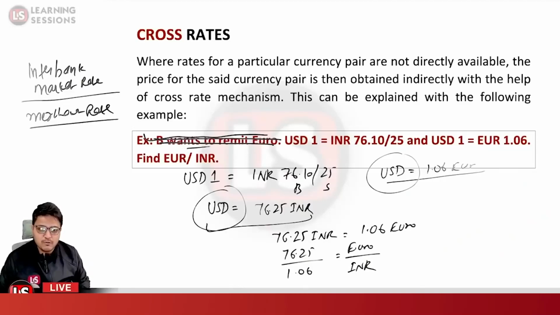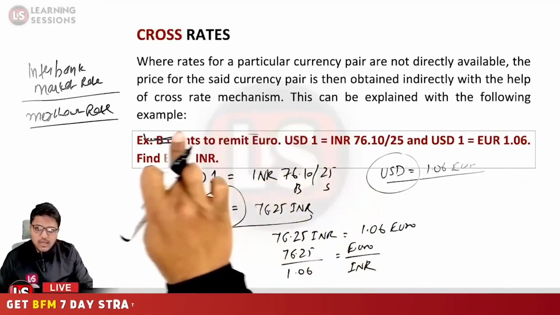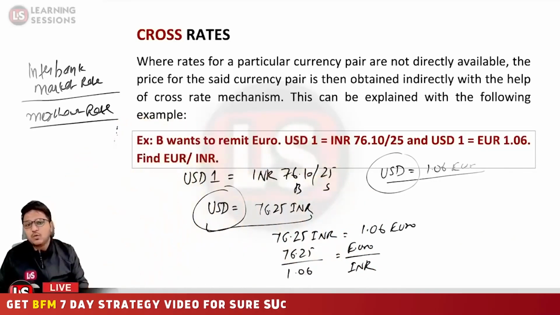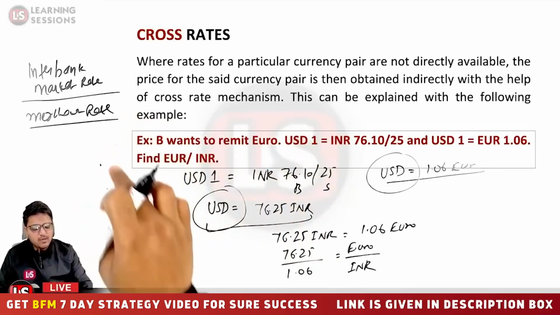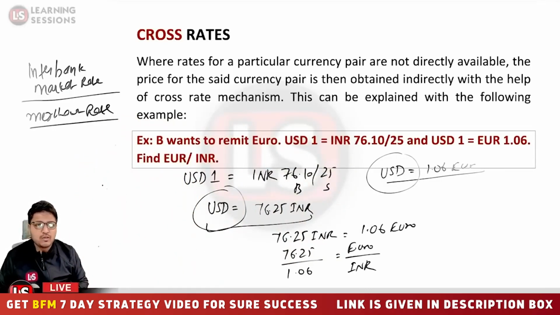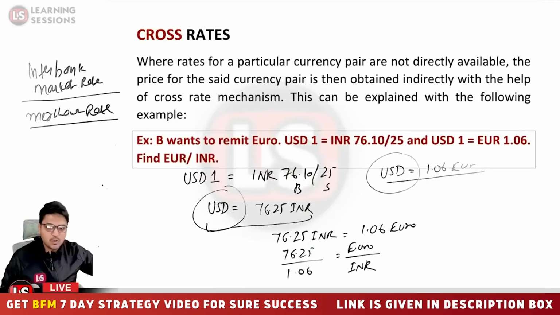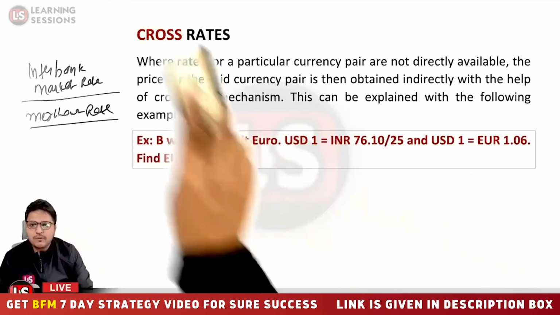So that would be the scenario applicable there. But it was given in the question that B wants to remit the euro. That basically changed the scenario that you need to take care of. Okay, let's move further.